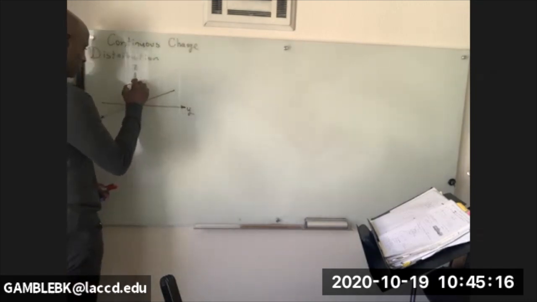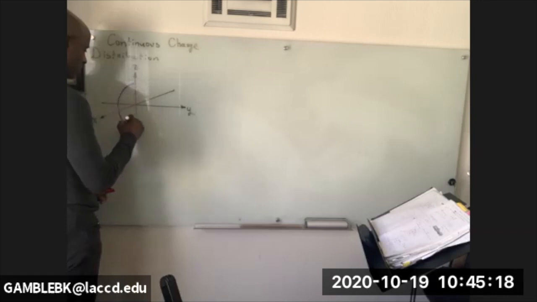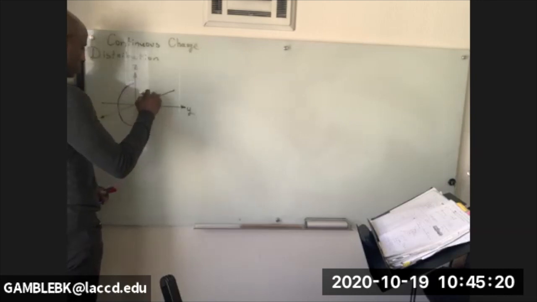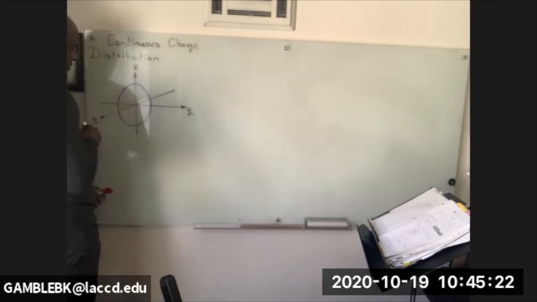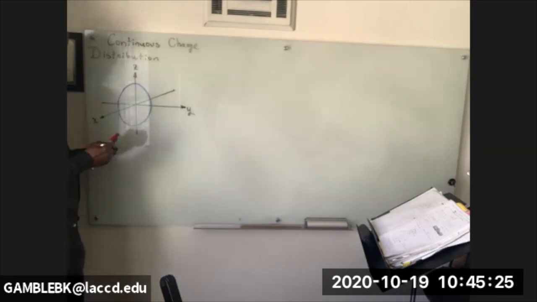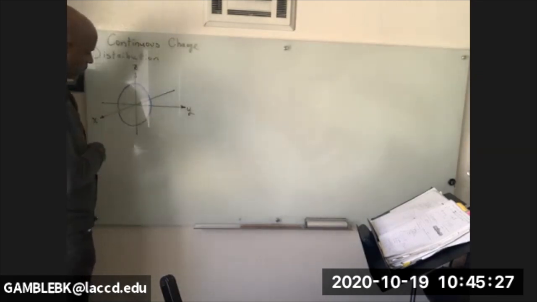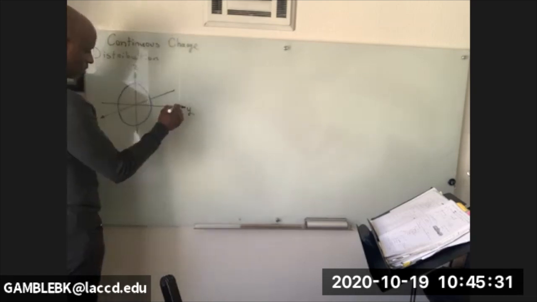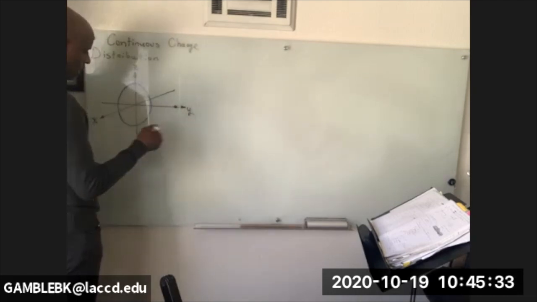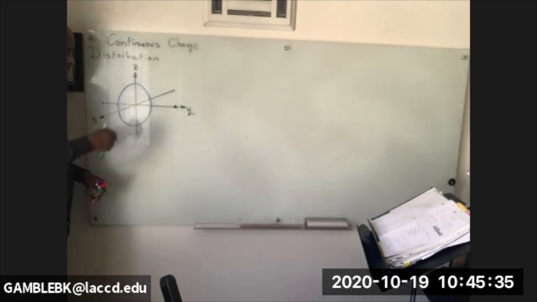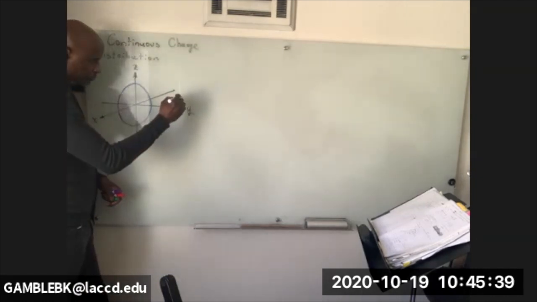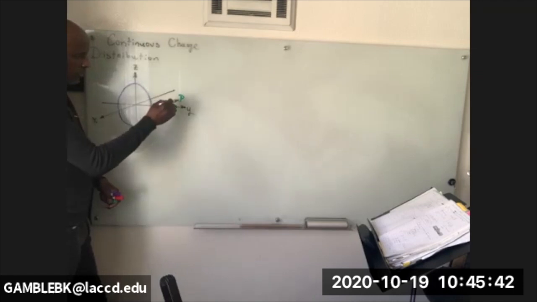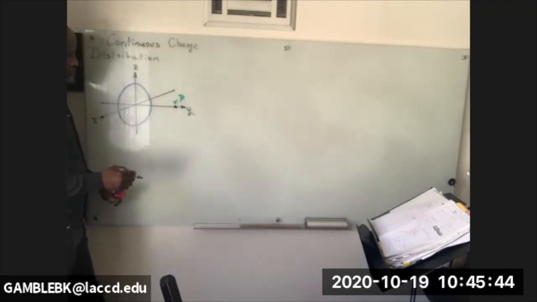So it might look something like this. And my point P is here along the y-axis, and we've centered the charge distribution at the origin. So this is point P, and we want to determine the potential there.